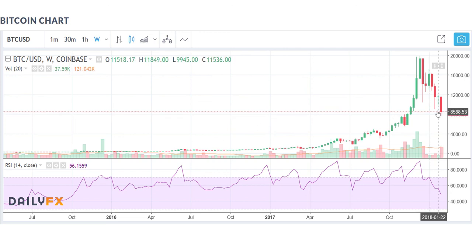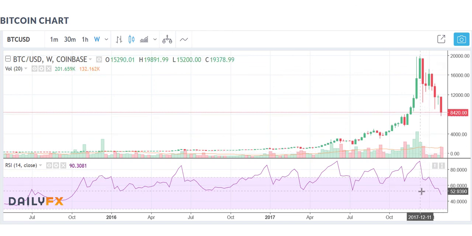Using the weekly candles and RSI, due to the fact that the RSI has now fallen below 55, which has been the level that has provided support for the last while, this RSI is now broken below that.